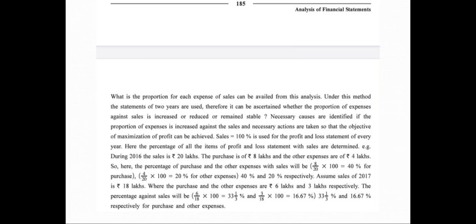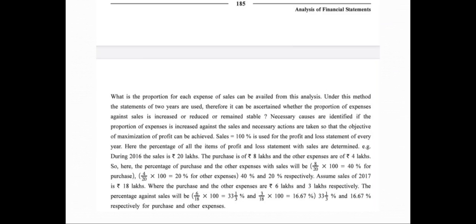Under this method, the statements of 2 years are used, therefore it can be ascertained whether the proportion of expense against sales has increased, reduced or remained stable. Necessary causes are identified if the proportion of expenses has increased against sales, and necessary actions are taken so that the objective of maximization of profit can be achieved.